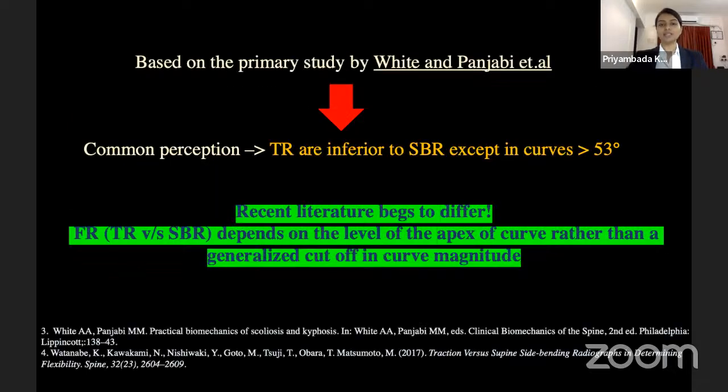Now, based on a primary study by White and Punjabi et al., a common perception was formed that traction X-rays are inferior to side bending X-rays, except in curves that are greater than 53 degrees. However, recent literature begs to differ vastly. Flexibility rate depends on the level of the apex of the curve rather than just a generalized cutoff in the curve magnitude.